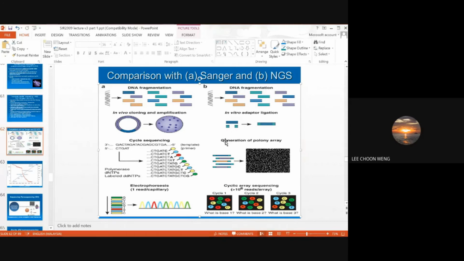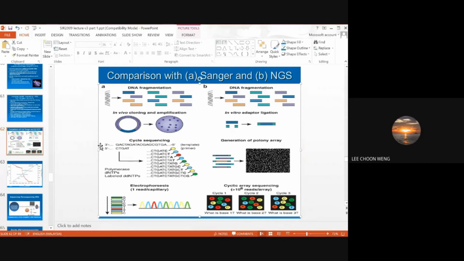Here, each strand is possibly different, and then they'll attach this to either a glass bead or a glass platform, and you have clonal amplification here, and each strand will multiply into a polony.